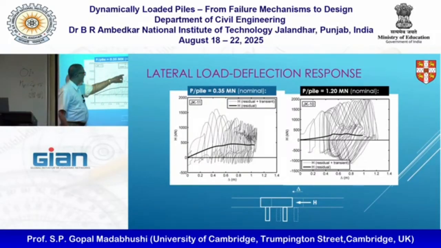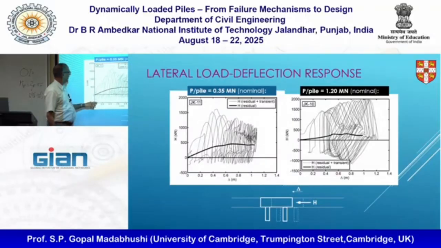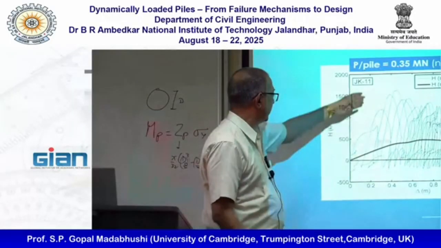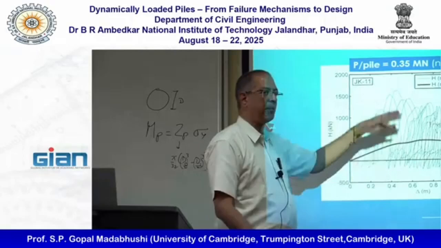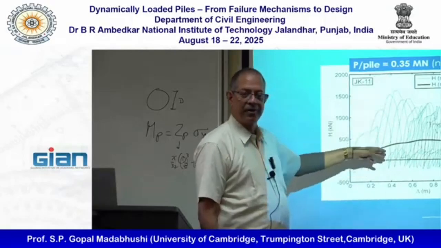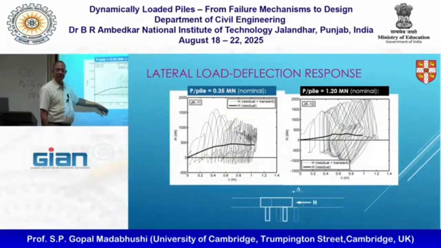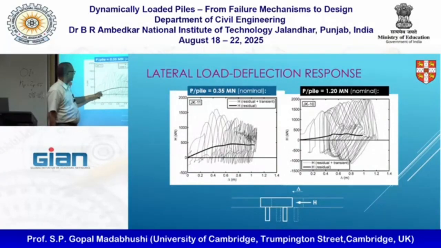So peak and then it softens. What Jonathan also did is to look at the residual going positive and also negative, upslope, downslope. But what is the net effect of all this is also marked here, what he calls residual or transient.